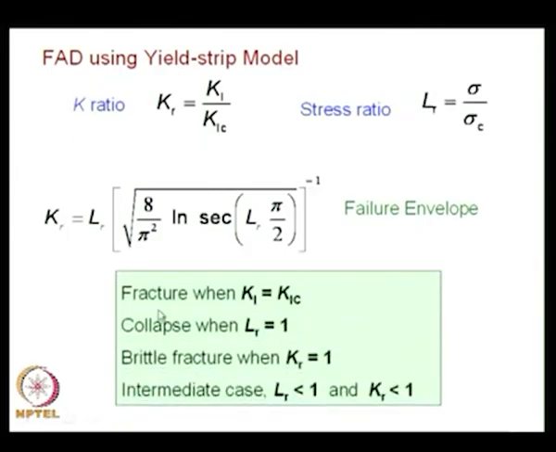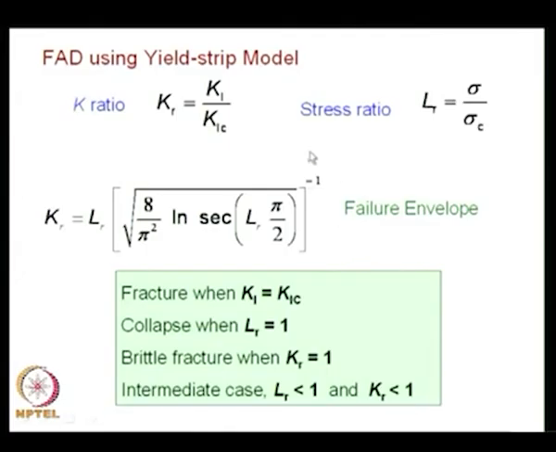And what happens here is fracture when K1 equals K1C, that is obvious. That means brittle fracture would occur when Kr equals 1, and collapse would occur when LR equals 1. Here we are not really considering strain hardening when I am using the yield strip model, and you have the intermediate case when LR is less than 1 and Kr is less than 1.